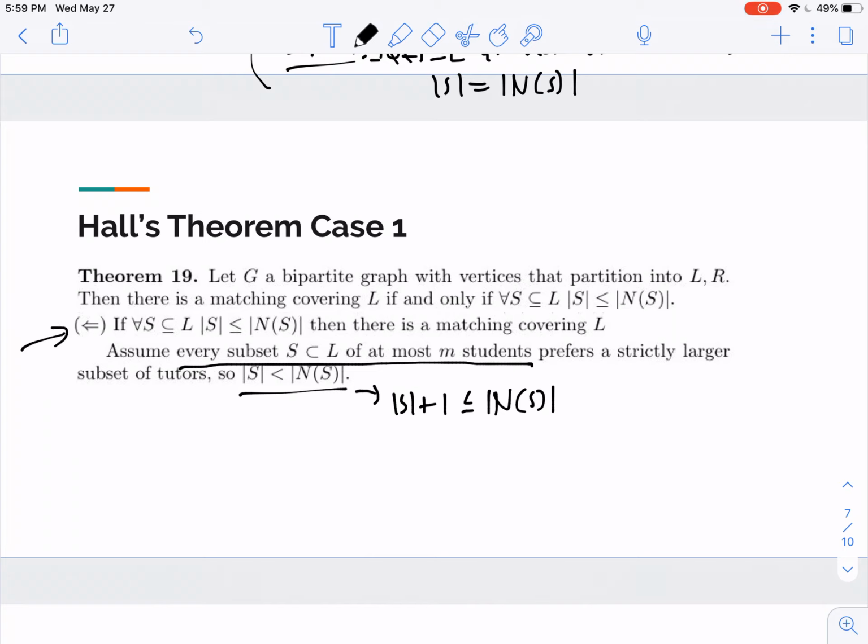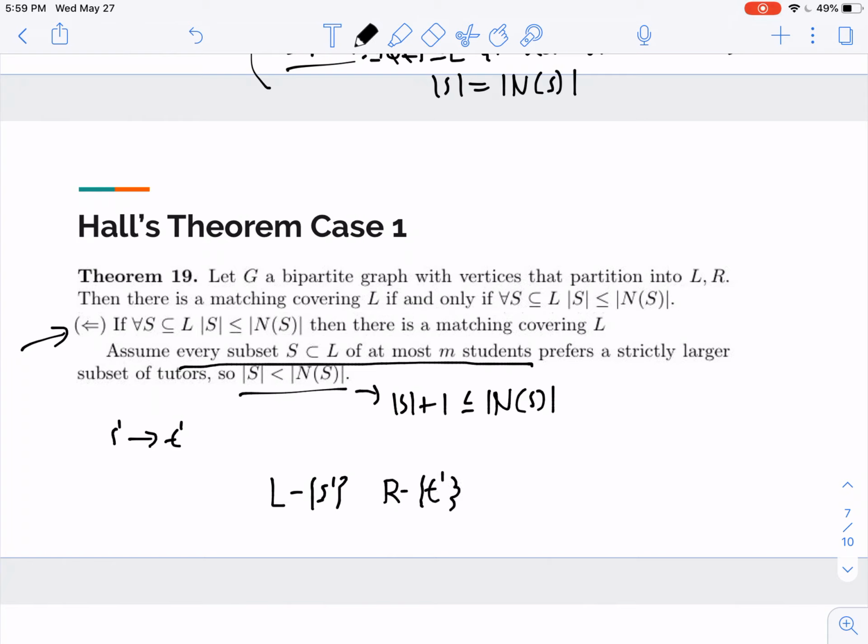Remember, what we're trying to do is eventually use the backwards direction, or the inductive hypothesis, on a group of students of size m. But we have m plus 1 students right now. So let's just take an arbitrary student, S prime. We know by hypothesis there's some tutor that they prefer, so we'll just assign them to T prime. And now we want to use the inductive hypothesis on the graph with L minus S prime and R minus T prime.